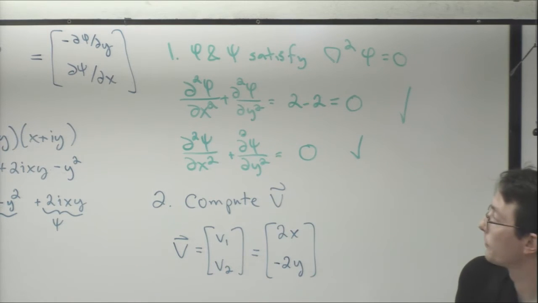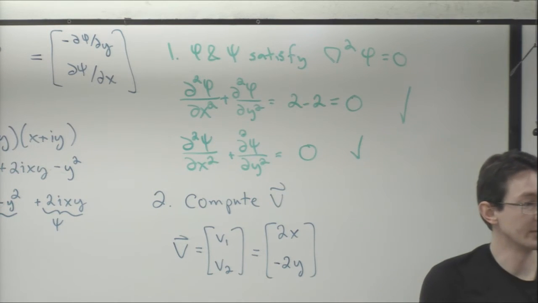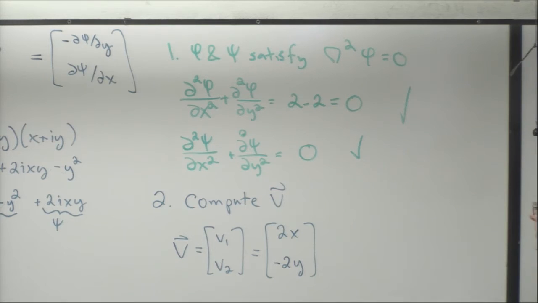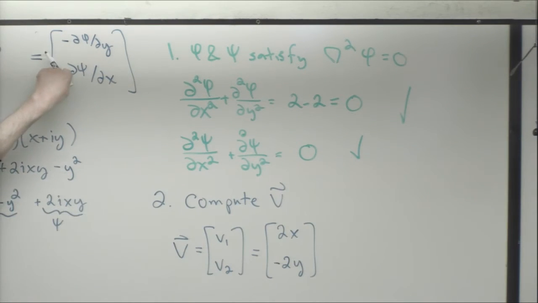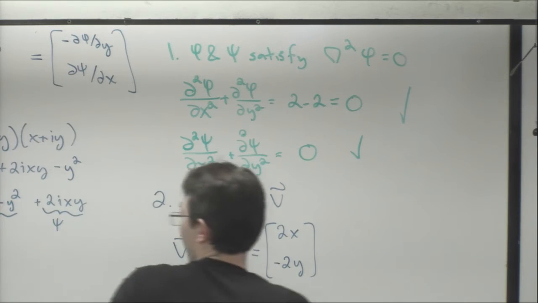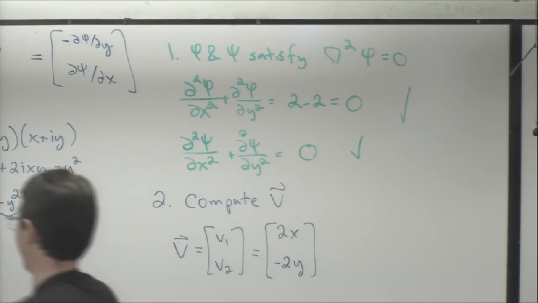Okay, good. Seems reasonable. Let's also verify it by taking these partial derivatives with respect to the stream function. I feel like I messed something up here.